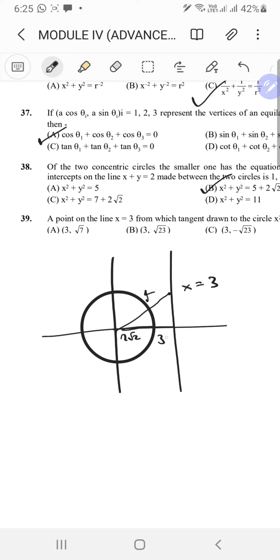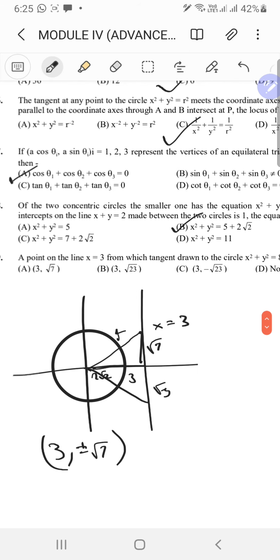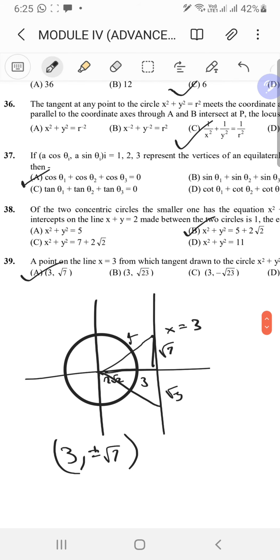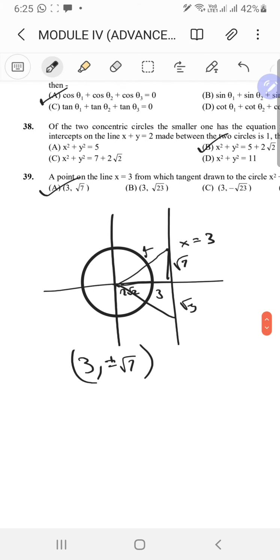This distance is 3, which means this distance has to be square root of 16 minus 9, which is 7. So this thing is square root of 7. But this could also be this one, so this is square root of 7 as well. So we can have 3 and plus or minus square root of 7. Oh, so this is a point, right? So it has to be at least one of those points, not exactly both of those.